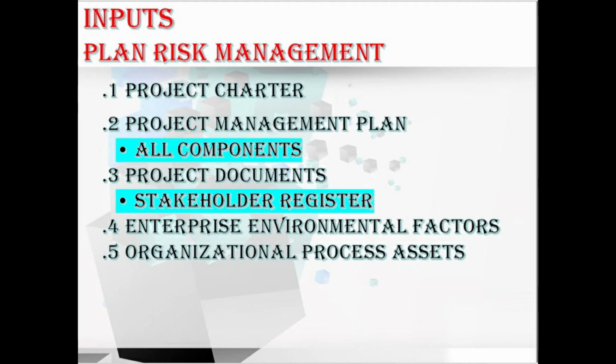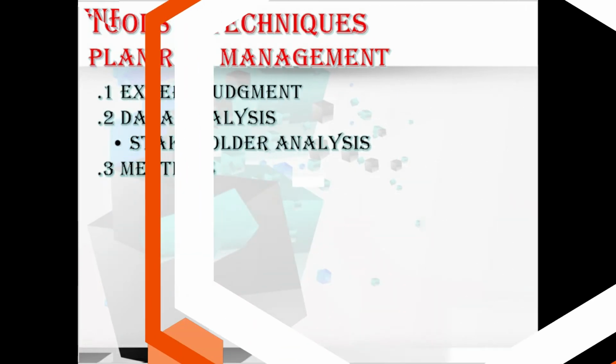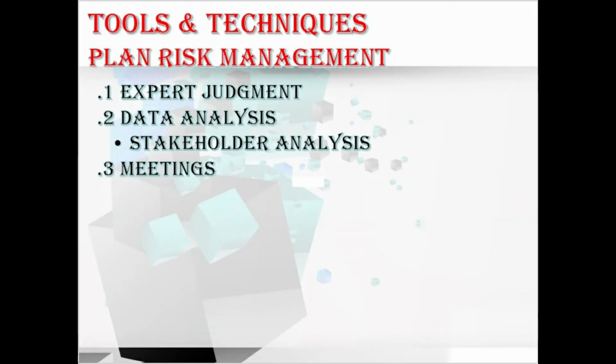Let's move to the tools and techniques. First we have expert judgment. As I said in my previous sessions, expertise should be considered from individuals or groups with specialized knowledge or training in some areas. That is, first, familiarity with the organization's approach to managing risk. Second, including the enterprise risk management where this is performed.